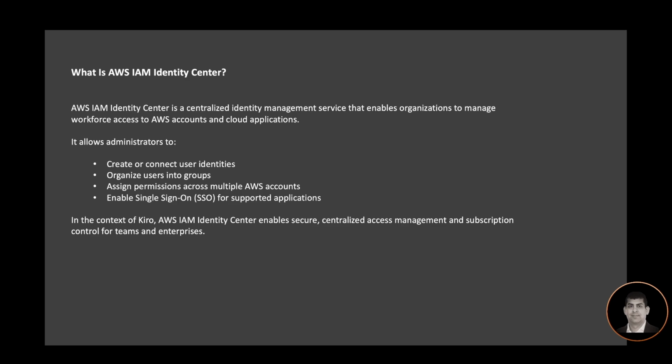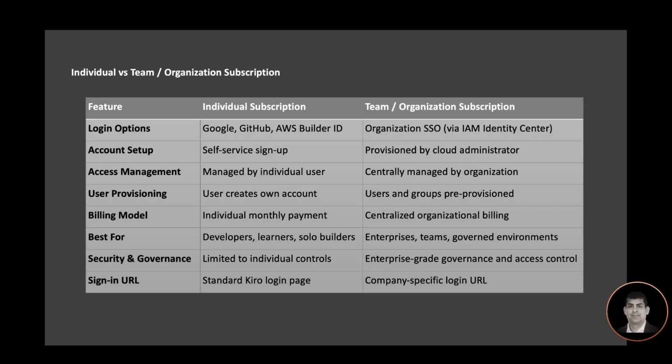In the context of Kiro, AWS IAM Identity Center enables secure, centralized access management and subscription controls for team and enterprise.